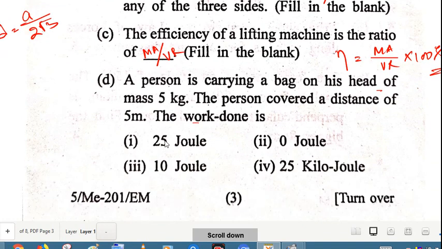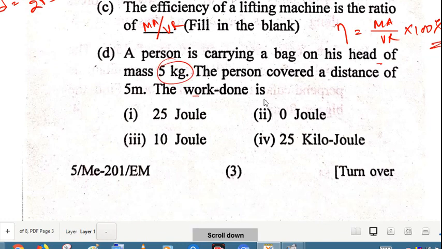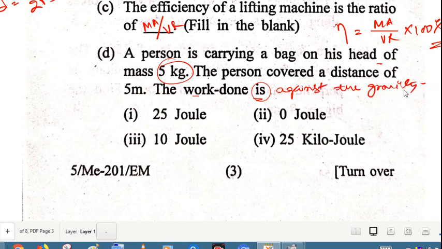The next question they are asking, a person is carrying a bag on his head having mass 5 kg and the person covered a distance of 5 meters. The work done is, so here they are asking actually the work done against the gravity. They have given only two things, the mass, which is 5 kg, and the distance, which is 5 meter.